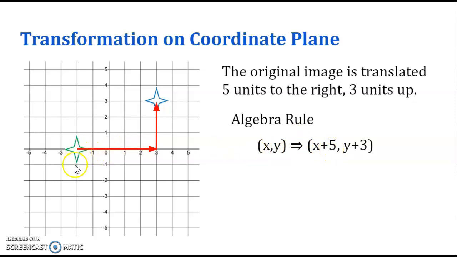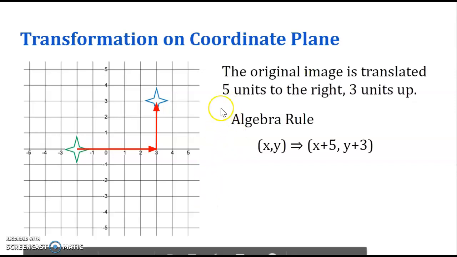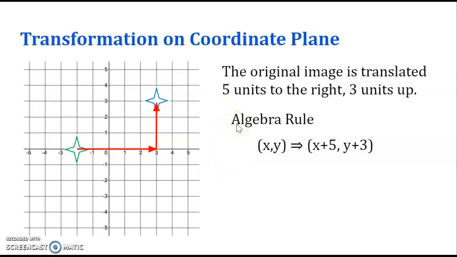The coordinate of this is -2, 0, so the x coordinate was -2. The coordinate of this was 3, 3. The x goes from -2 to 3, added by 5. Translated 5 units to the right, you add 5 to the x coordinate, and 3 units up means the y coordinate. Remember, y is the vertical position, so y coordinate is added by 3. So y plus 3 would indicate the algebra rule.